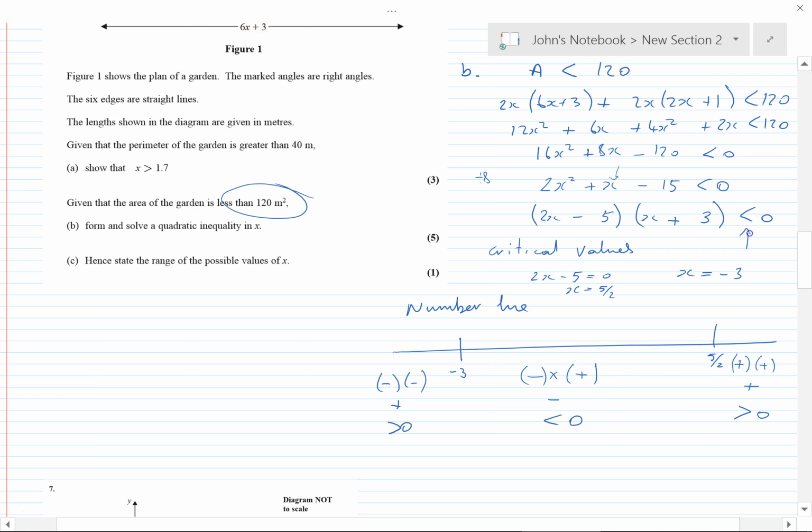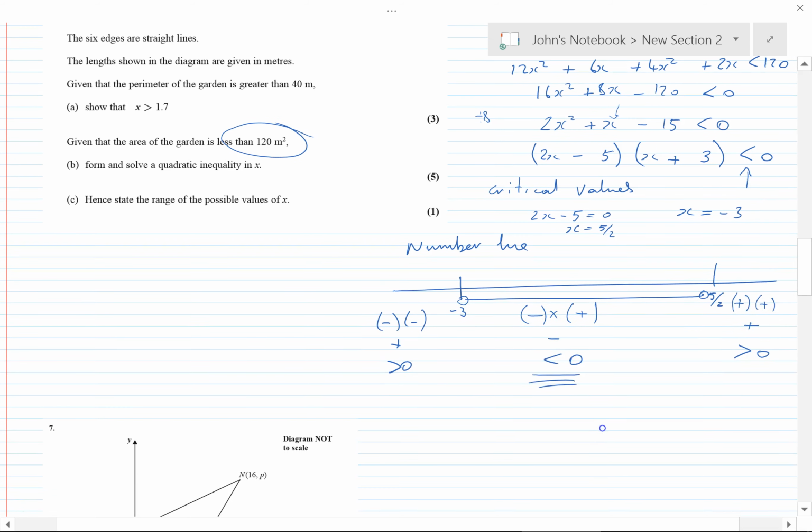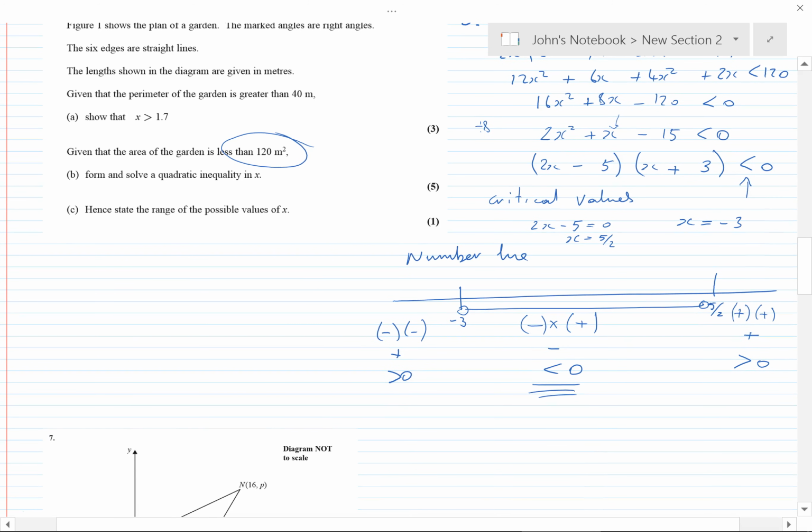But we need it to be less than 0. So that means that we want numbers between these two, because that's the region where it's less than 0. So that tells us that, let's put our answer over here. X has got to lie between minus 3 and 5 over 2.